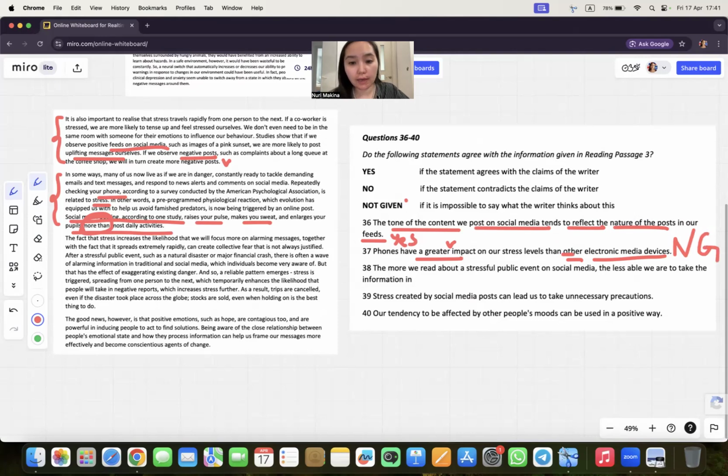Okay, so that's it. Next, 38: the more we read about stressful public events on social media, the less able we are to take the information in. Let's keep reading from this point because we have stopped here.